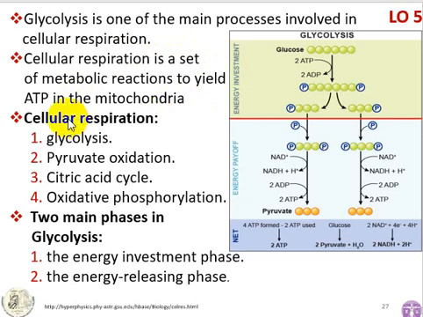Cellular respiration includes 4 stages, which are glycolysis, pyruvate oxidation, the citric acid cycle, and the last one is oxidative phosphorylation. There are 2 main phases in glycolysis. The first one is the energy investment phase, and the second one is the energy releasing phase.